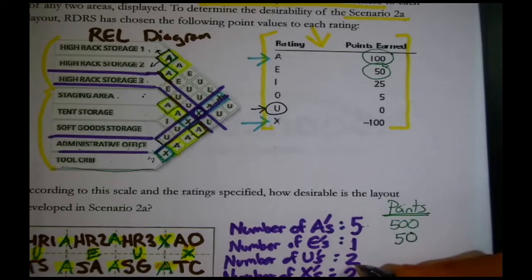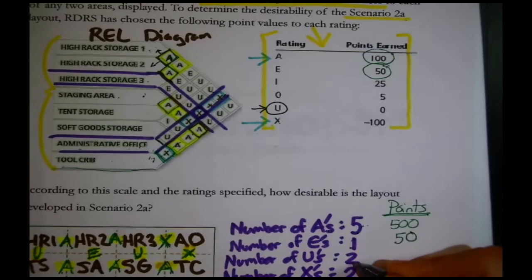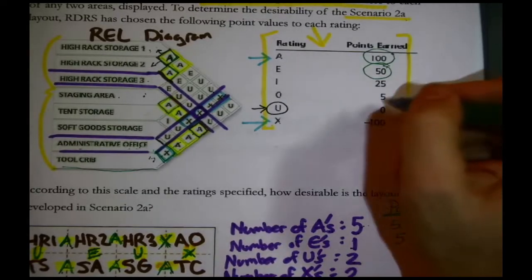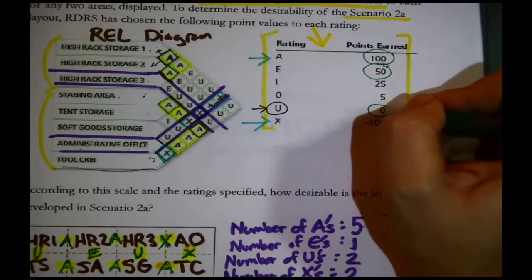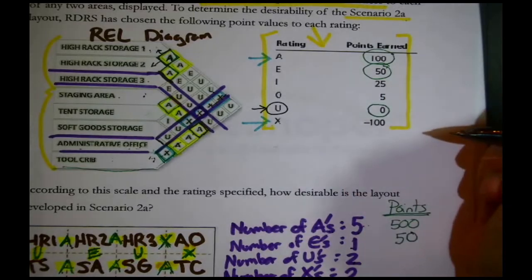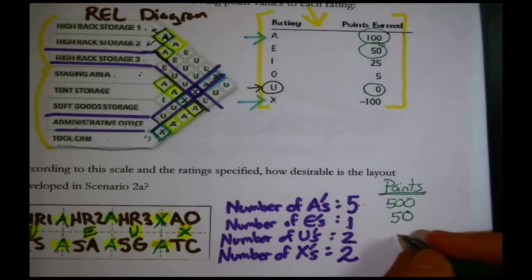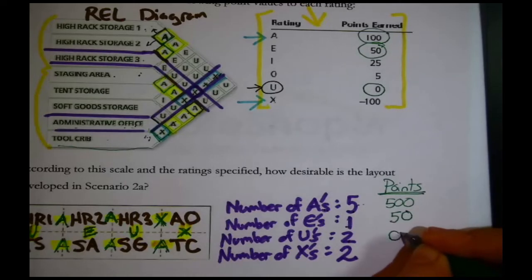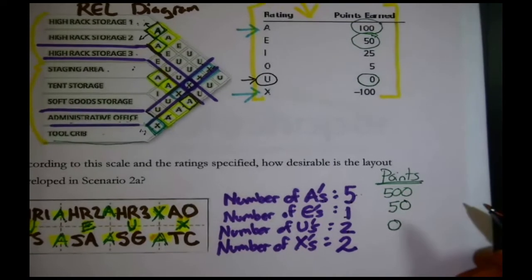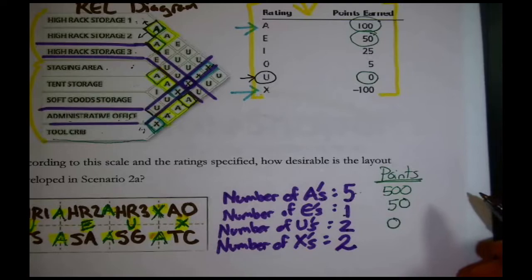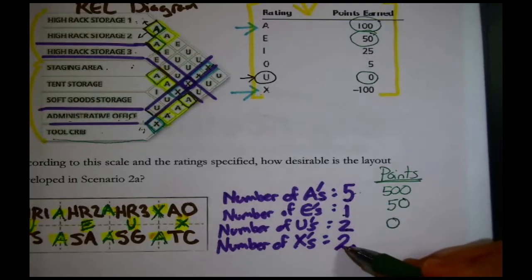We have 2 U's for unimportant. Notice that you don't get any points for U. Well, 2 times 0 technically is the math here, but no, we don't earn anything from U, so no points. And then, right, we flunked out twice. We have 2 X's, so to speak.